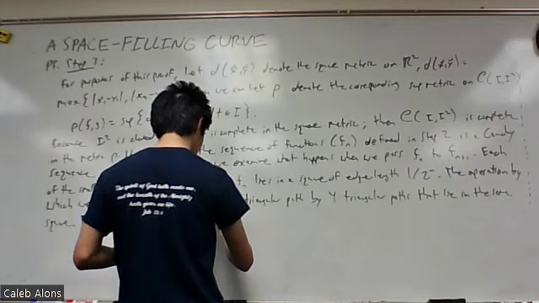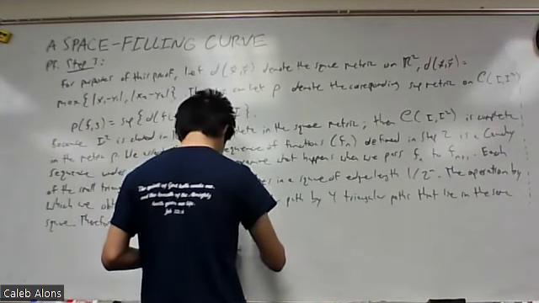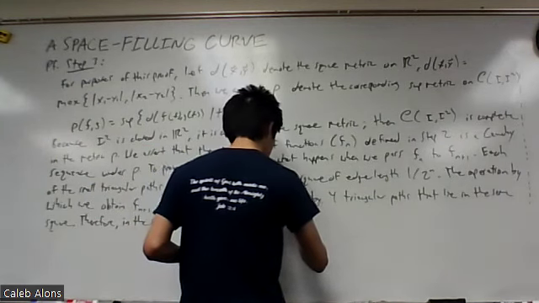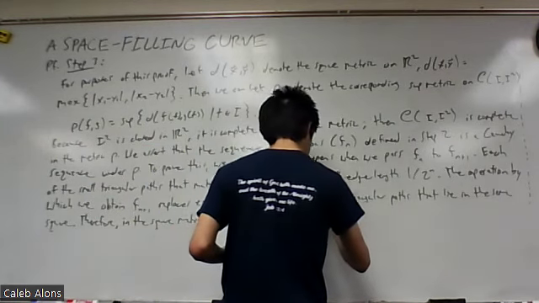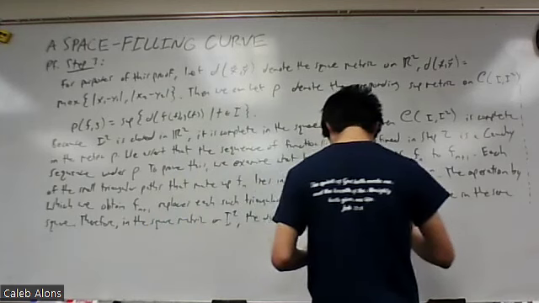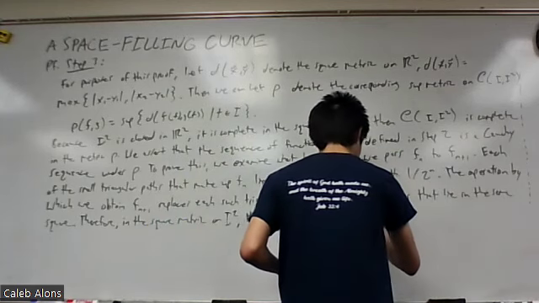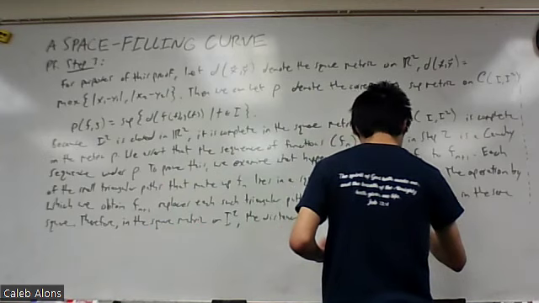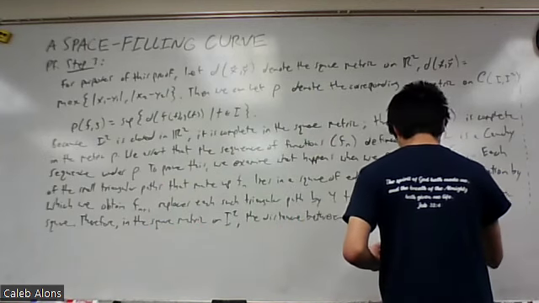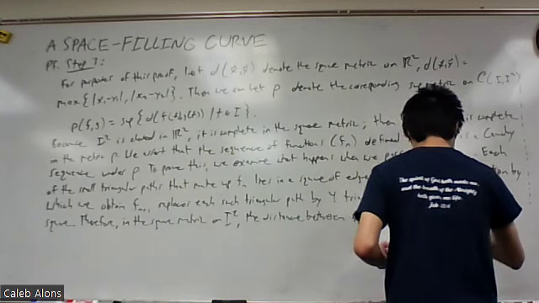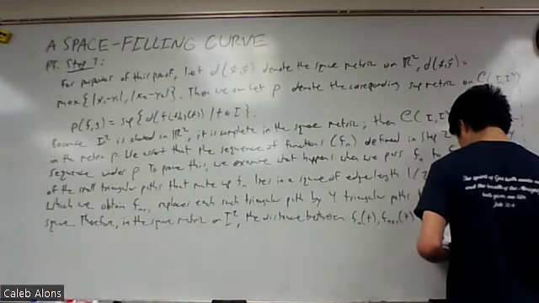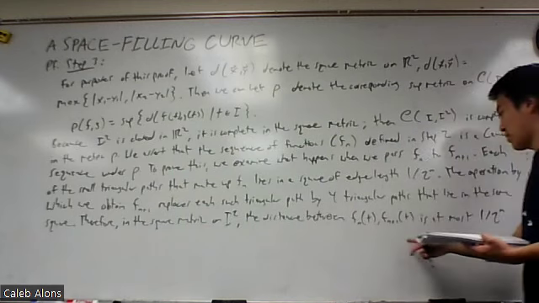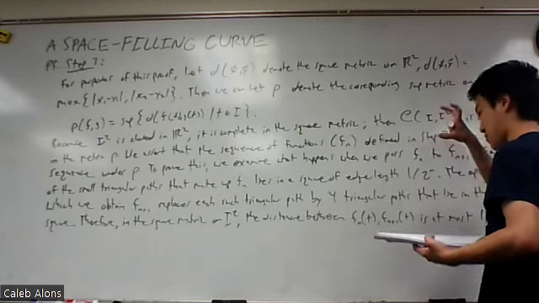On I2, the distance between fn at some t and the next one, fn plus 1 at t, is at most going to be 1 over 2 to the n. There's no way you can escape it by increasing the precision if you're assigned the same box, that same subsection.